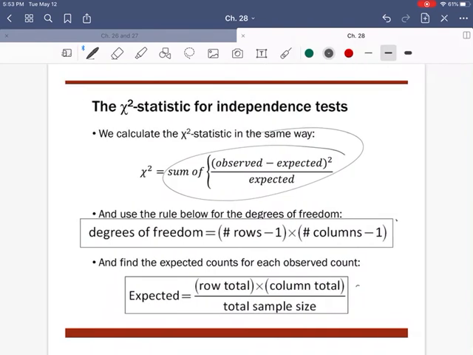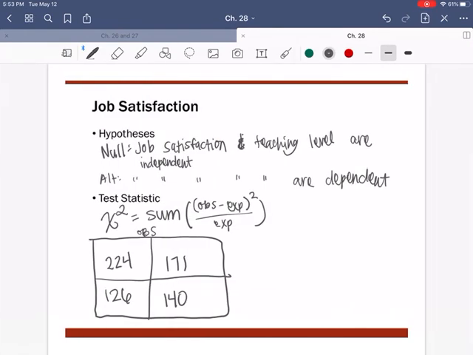Okay, in order to calculate chi-square, we need the sum of the observed minus the expected squared divided by the expected. That's our formula from here.